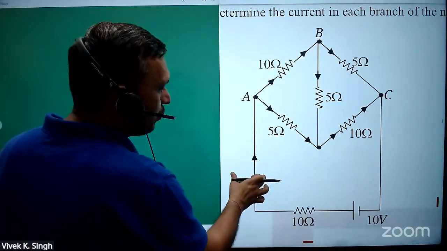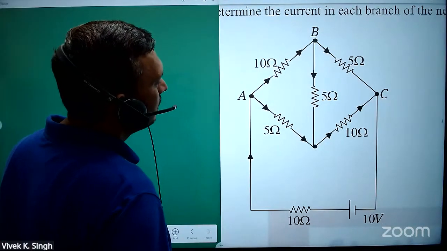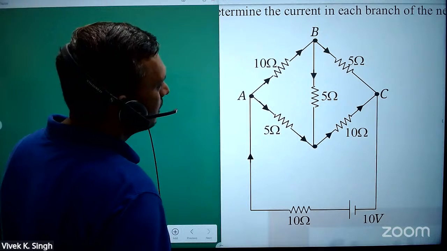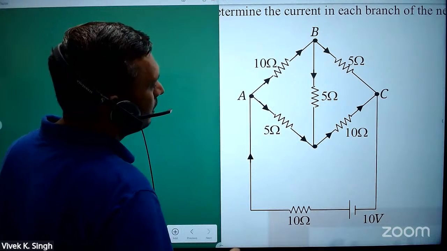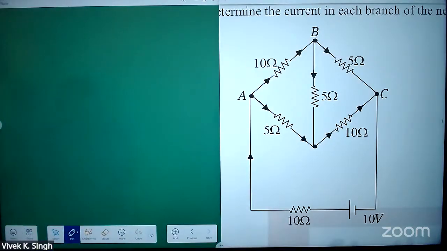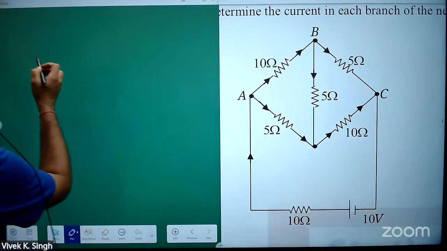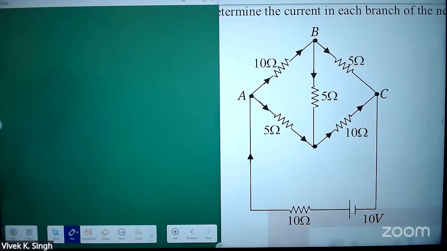I will write the equation and then you have to solve it. This is question number 15.